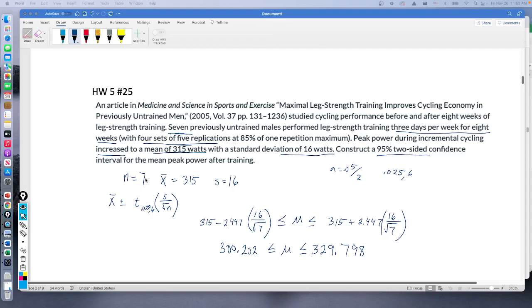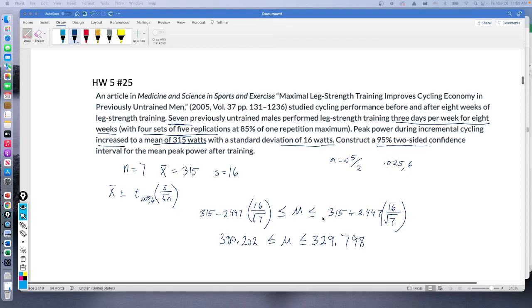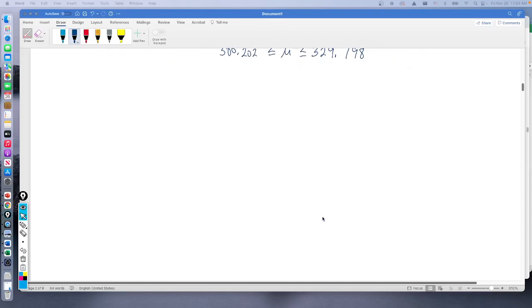Of course, we could narrow this down if we had a larger sample, because we're dividing that out. But anyway, this is what we got. A larger sample would make this a smaller number, which makes that a smaller number, and so you get closer and closer to this interval. Okay, so that was homework 5, number 25.